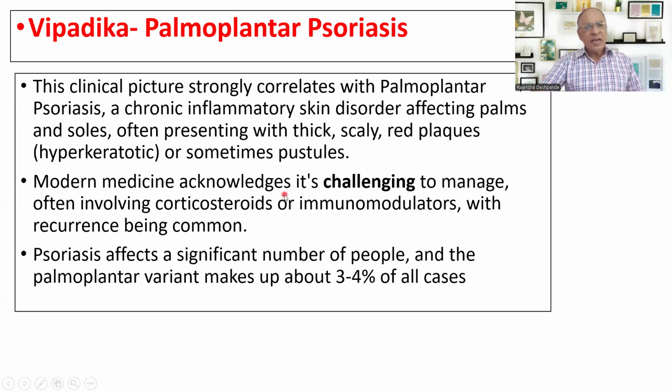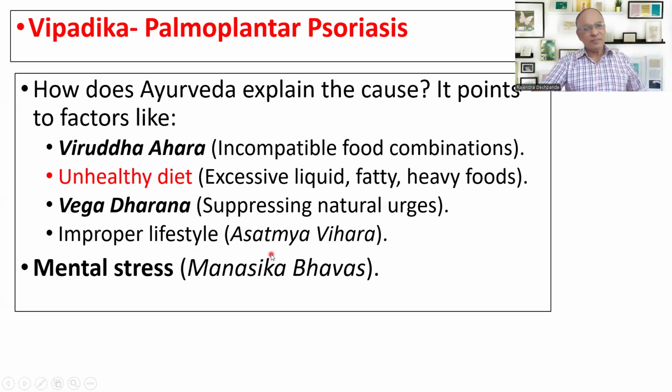Modern medicine acknowledges that this particular condition is challenging to manage, often involving corticosteroids or immunomodulators, with recurrence being common. Psoriasis affects a significant number of people, and the palmoplantar variant makes up about 3 to 4% of all psoriasis cases.